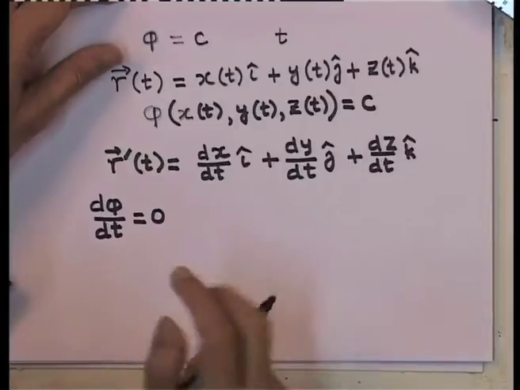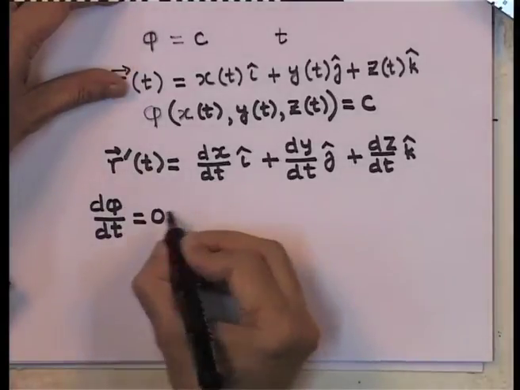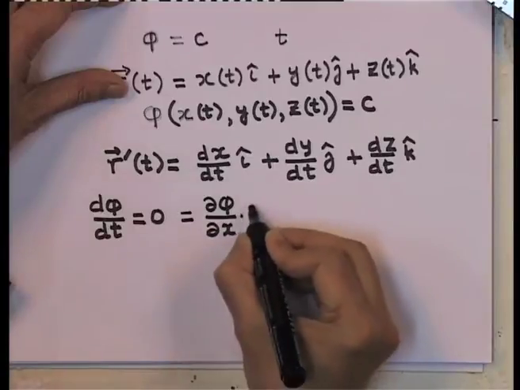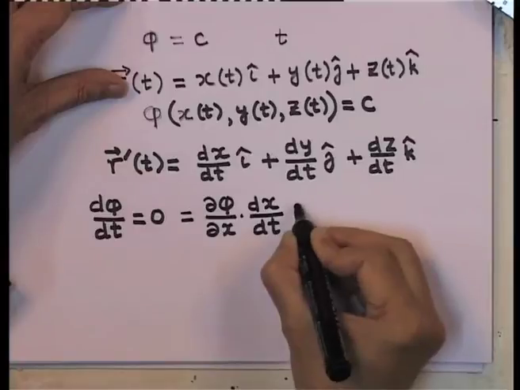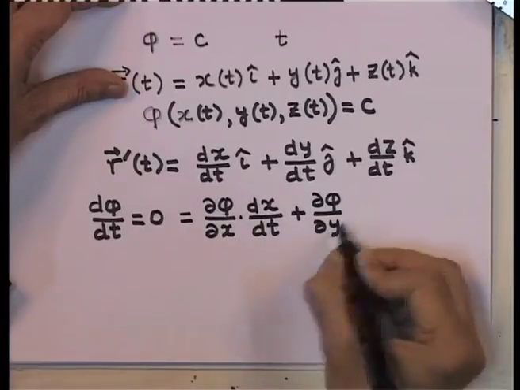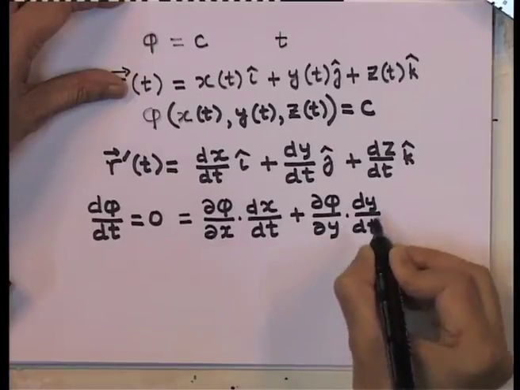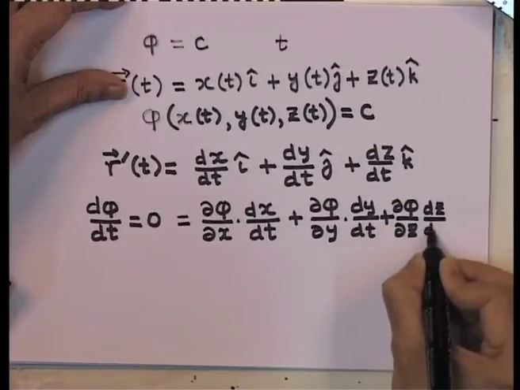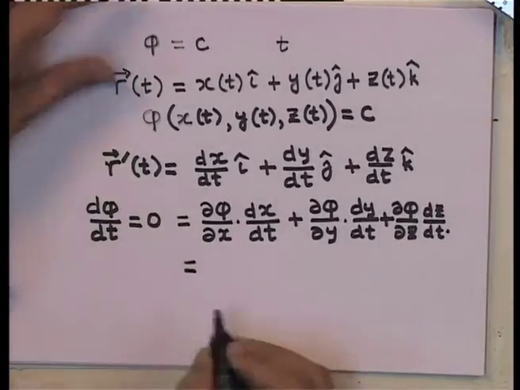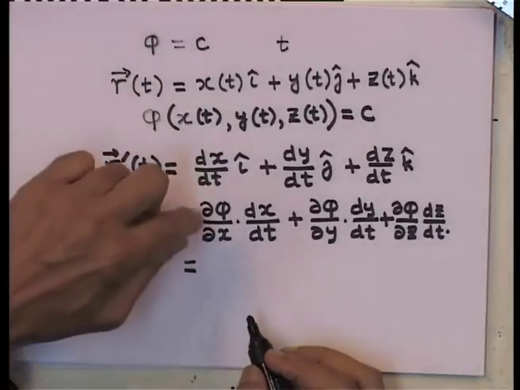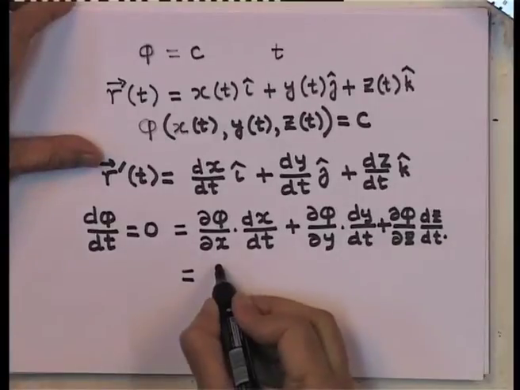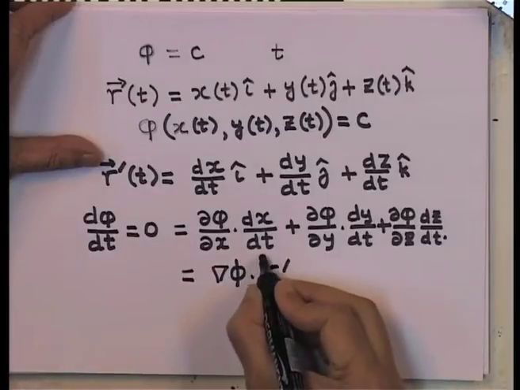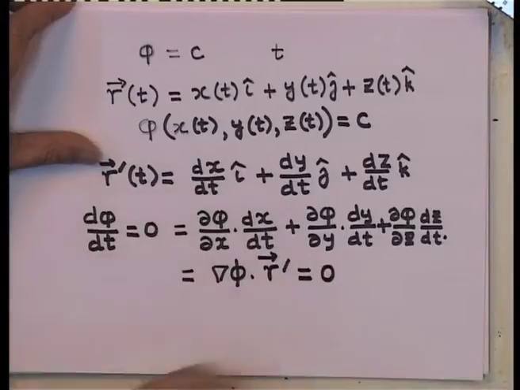So, d phi by dt is 0, but d phi by dt is, according to our earlier discussion, partial with respect to x times dx by dt, plus partial with respect to y times dy by dt, plus partial with respect to z times dz by dt, which, if you look at what is r prime and the definition of the gradient, is nothing but the dot product of grad phi with the r prime vector, and this must be equal to 0.